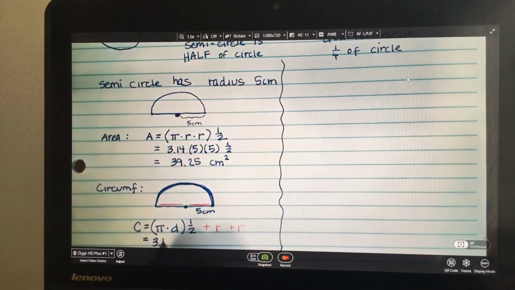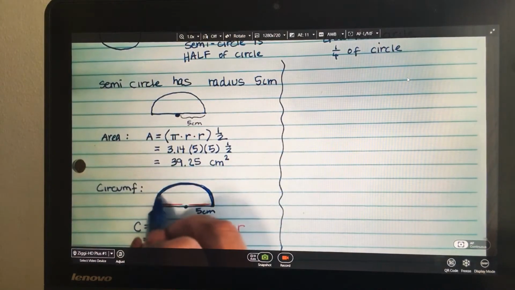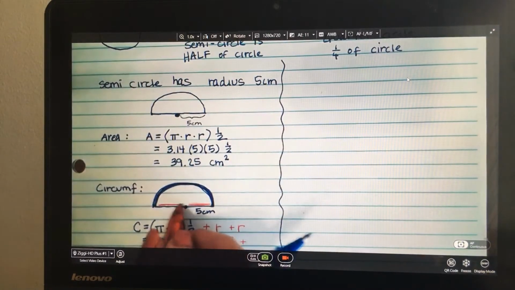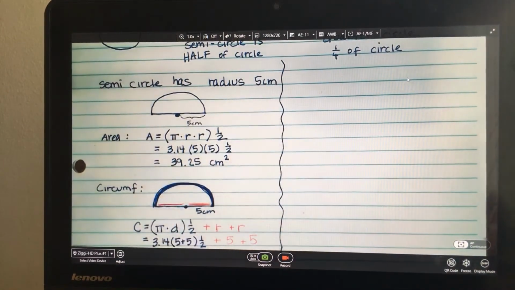Pi, 3.14. The diameter is going to be 5 plus 5, which is 10 centimeters across. I'm going to put that in there so we know it's 5 plus 5. And then we want half of that, for this distance here. And then we're going to add to that the distance across 5 plus the distance across 5.